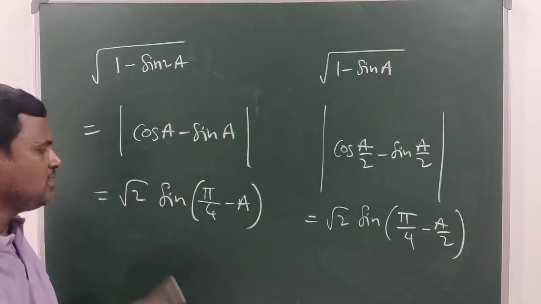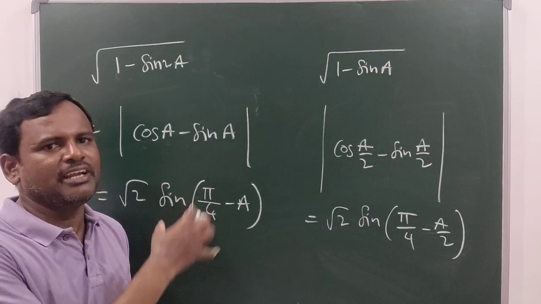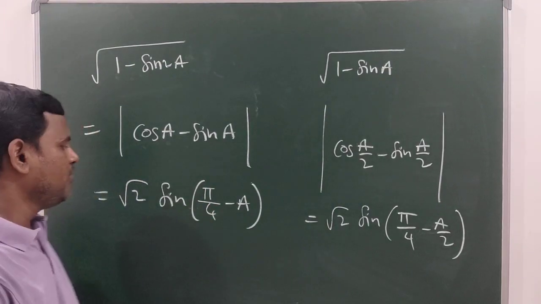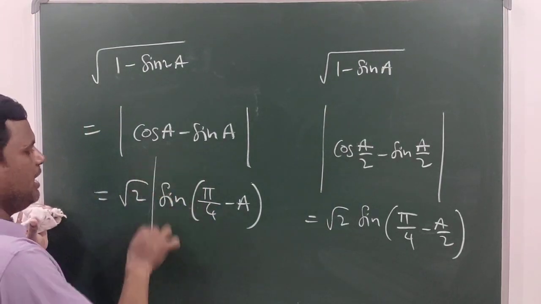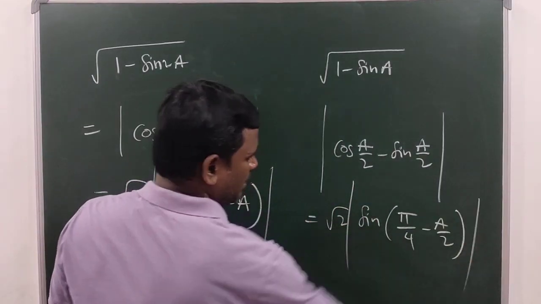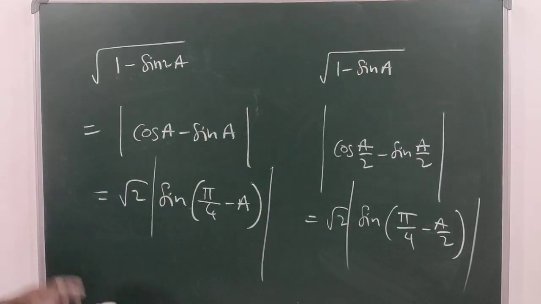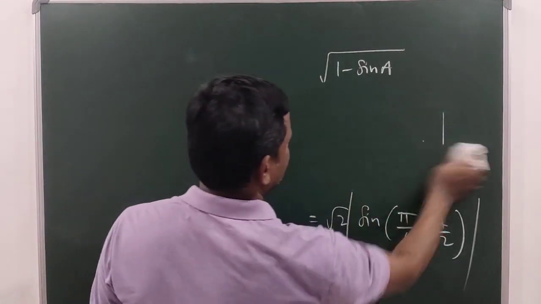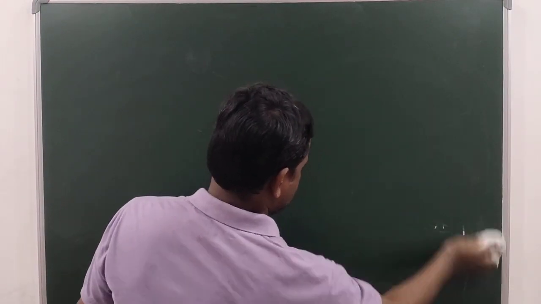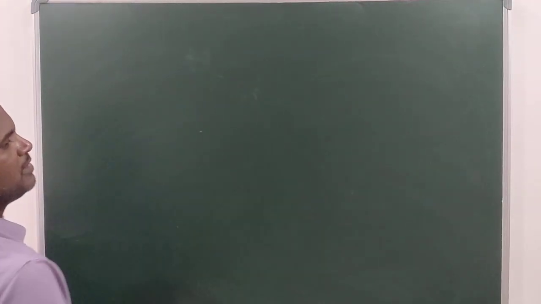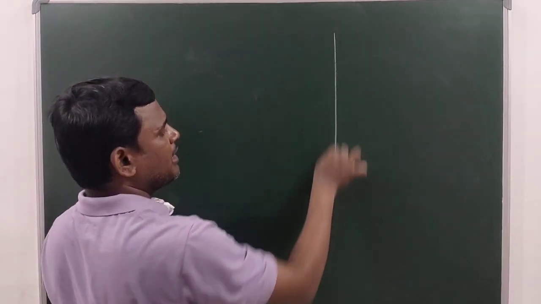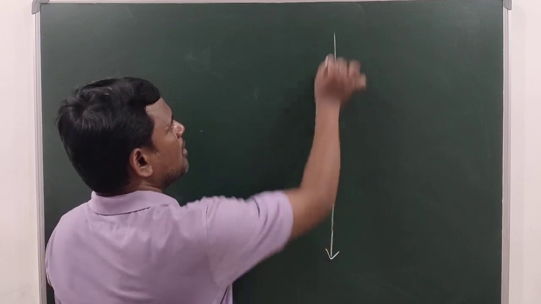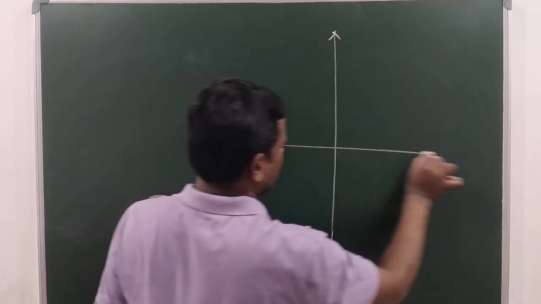Okay. Now let us go for that sine. Okay. Where it is positive, where it is negative. Okay. Now I explain you. Let us observe this. See here. Again. So take this graph.